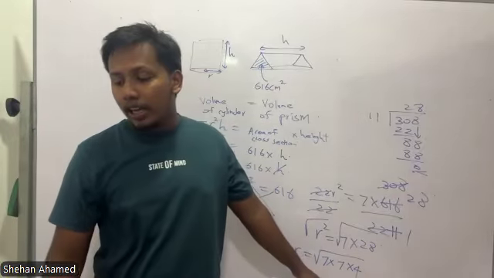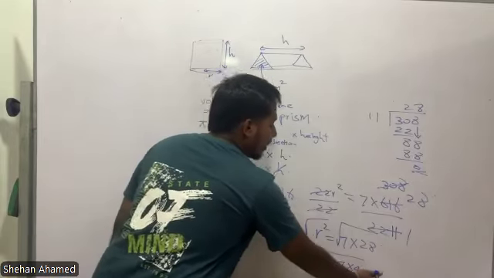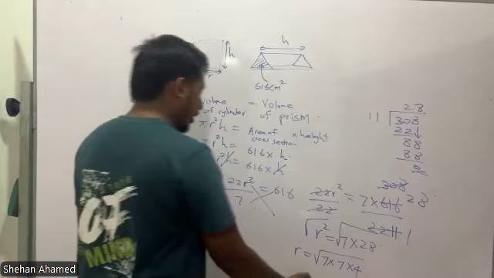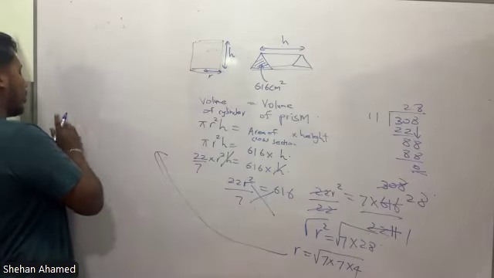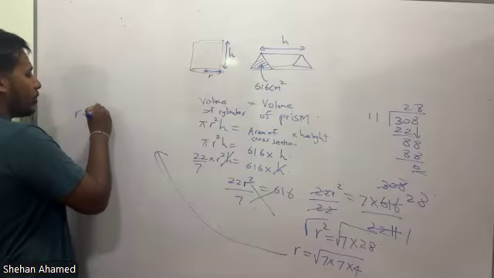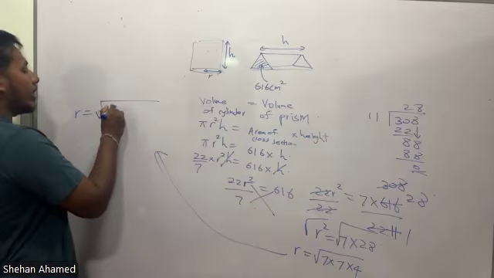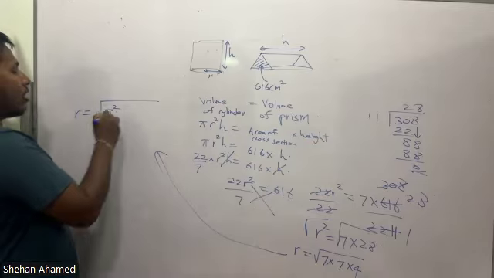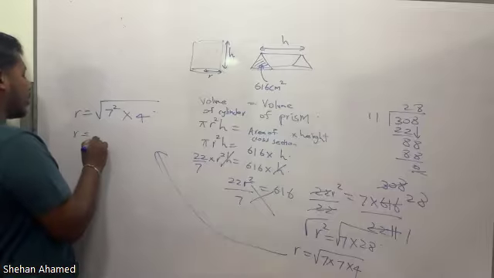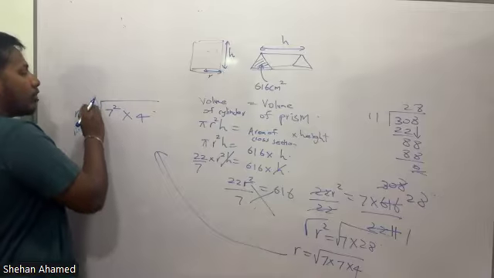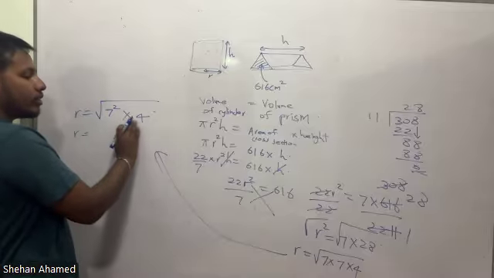These are surds type of questions. Now see, I'm going to write it here because you can see it. R equals the square root of 7 times 7, and I'm writing it as 7 square multiplied by 4. This square root belongs to both 7 square and 4.